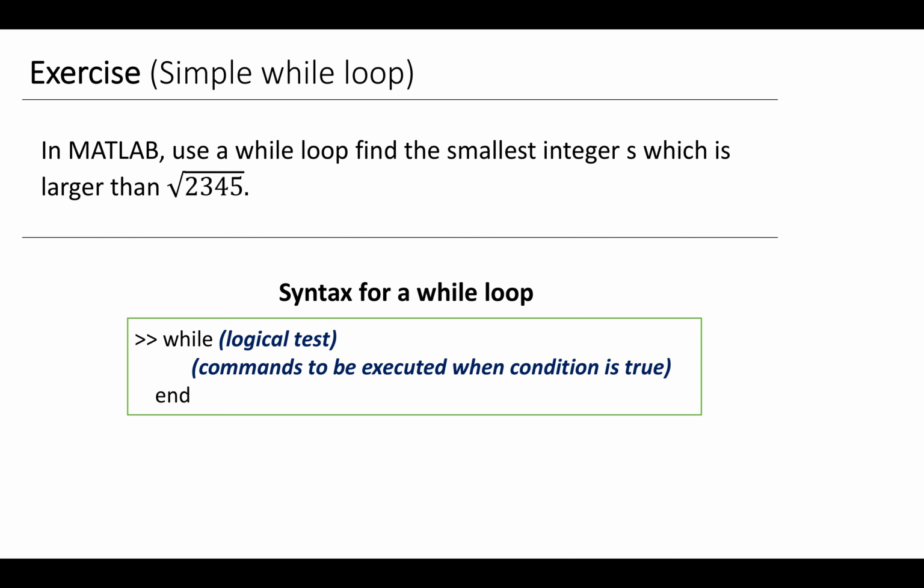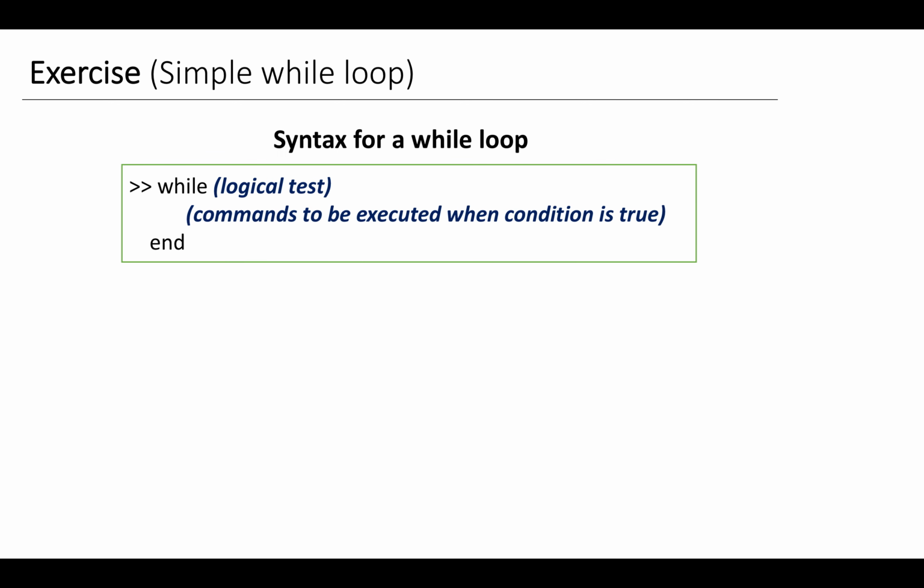If the answer is yes, it'll run the commands again, and it'll keep going until the answer is no, or false. When the result is false, Matlab will exit the loop. That's the idea of the while loop.